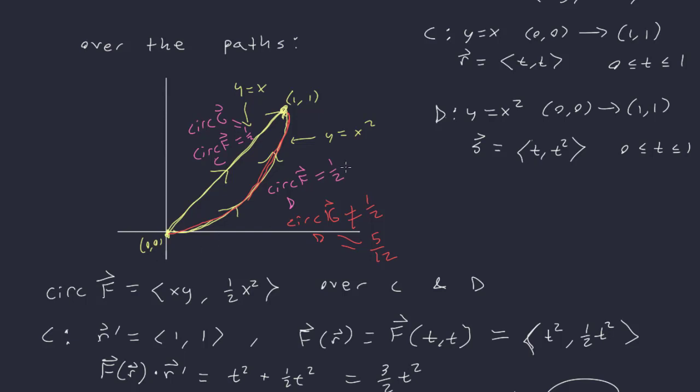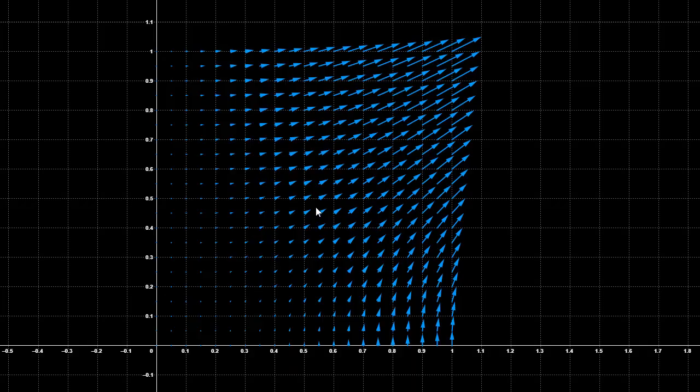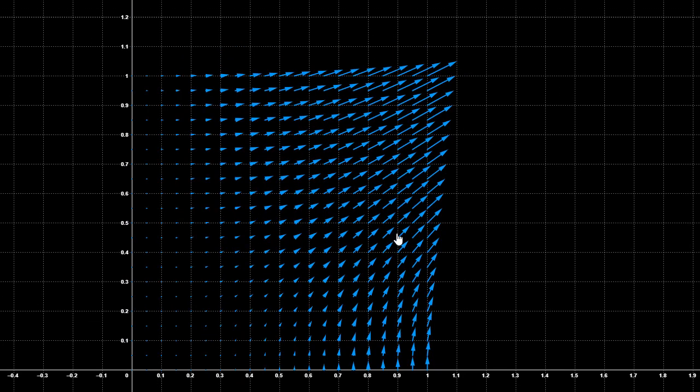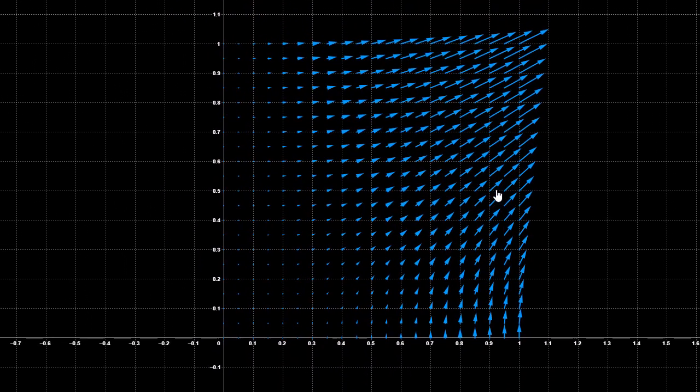Let's take a look at what's happening with these vector fields. Okay, so here is F. And you can see that F, it's not exactly graphed perfectly, but you can see how nice and balanced it looks, right?